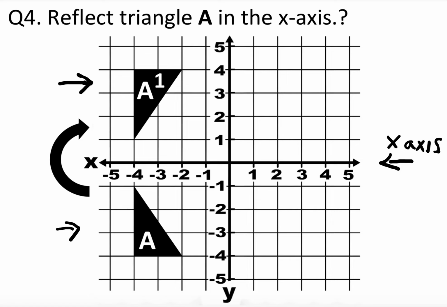It's something you need to practice. This is what it would look like if you reflected triangle A through the x-axis: you would end up with A1 positioned there. Try it at home, it's not too difficult if you try it a few times. It's just like looking in the mirror again.